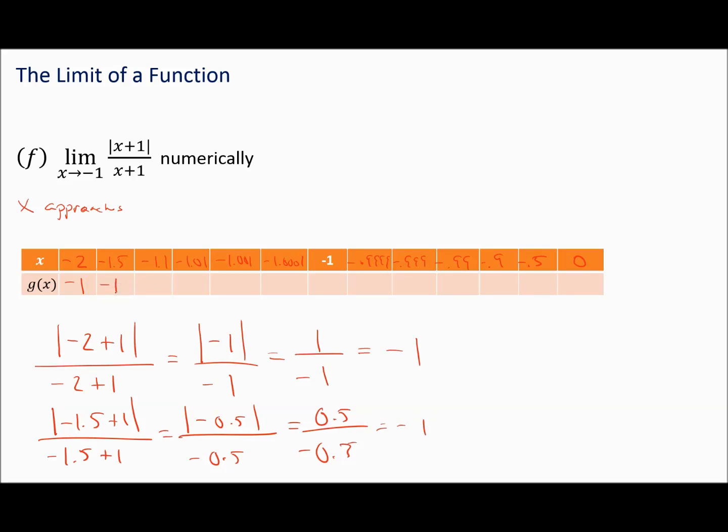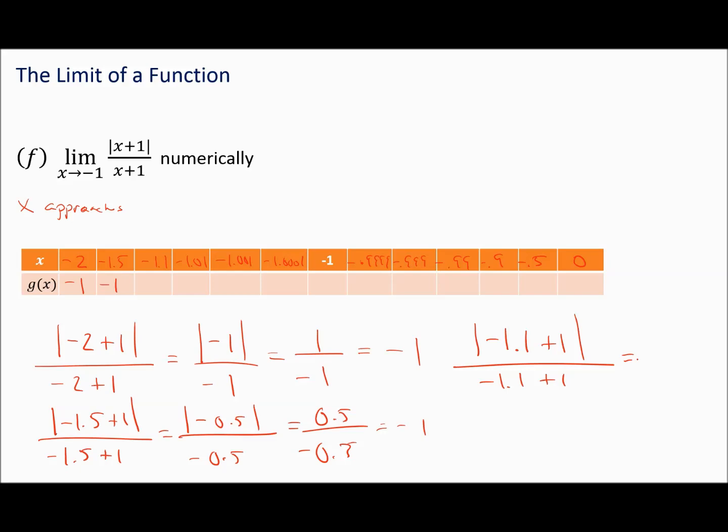Okay, let's try this again. Do you think we need to? We got -1.1. Let me write this properly. You just keep going. There we go. -1.1 plus 1 in absolute value divided by -1.1 plus 1, and not in the absolute value. So notice every single time we're going to get the same result in the numerator and denominator.